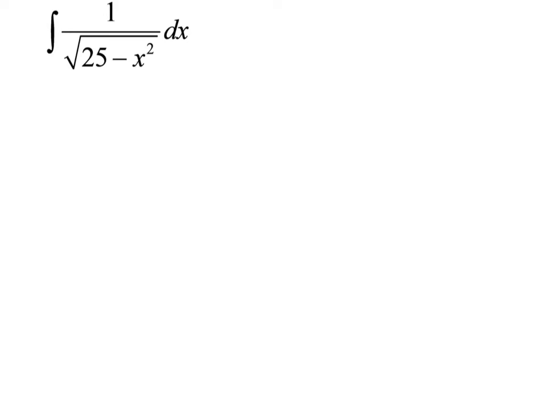So I think it'll be helpful to start by drawing a triangle. Let me do that just right over here. I like to put that off to the side. So I draw my triangle, and I'm going to put theta right here. If possible, I like to keep x across from theta, so I'm going to put that here, put 5 here, and then this will be the square root of 25 minus x squared.